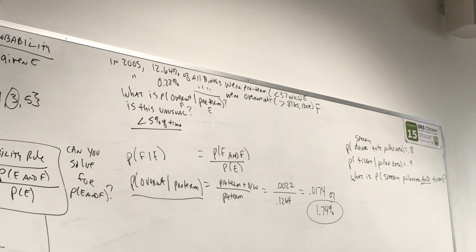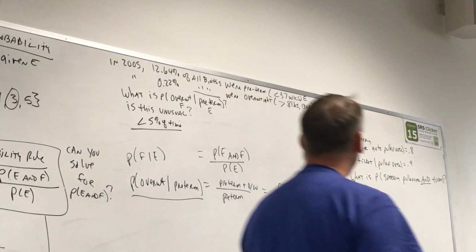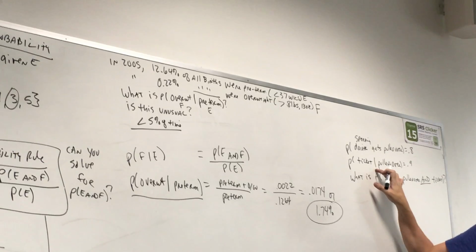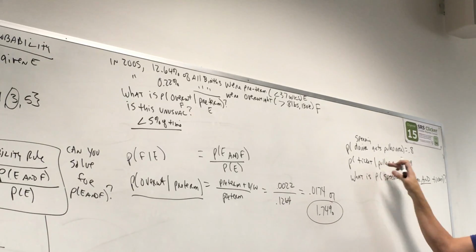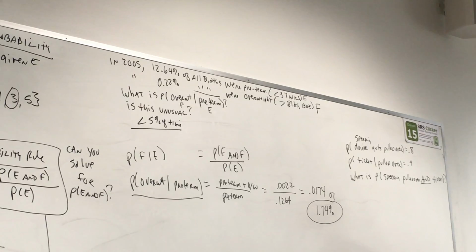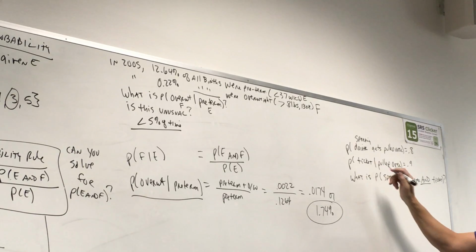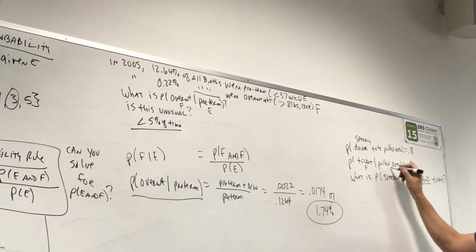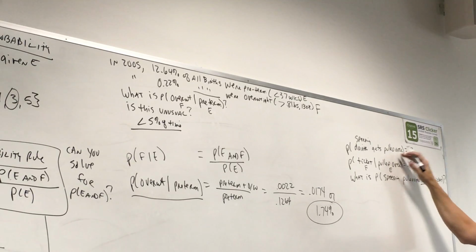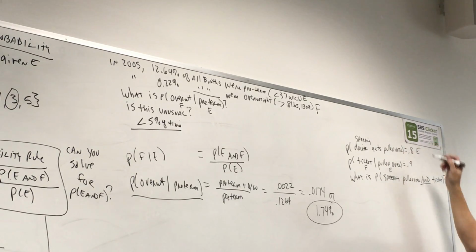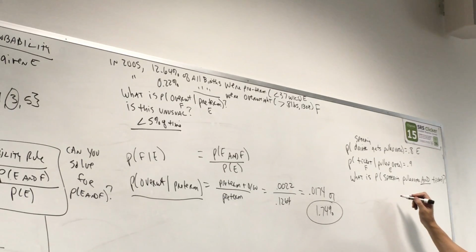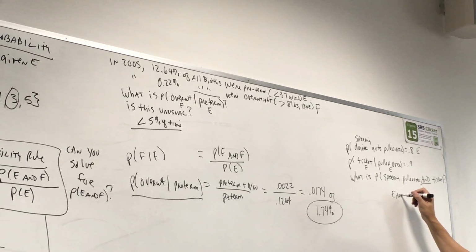So let's identify our events again so that we can plug into one of these two formulas. Okay, so Megan, I always like to start with the given one, right? Let's label these events E and F, which one's which? The driver gets a ticket is event F. Ticket is F. Pulled over is E. And I want the probability of E and F, right?